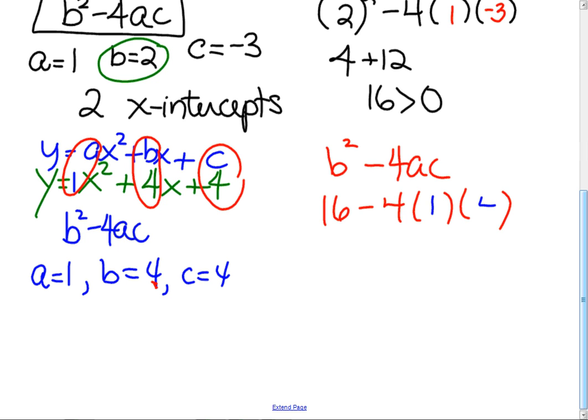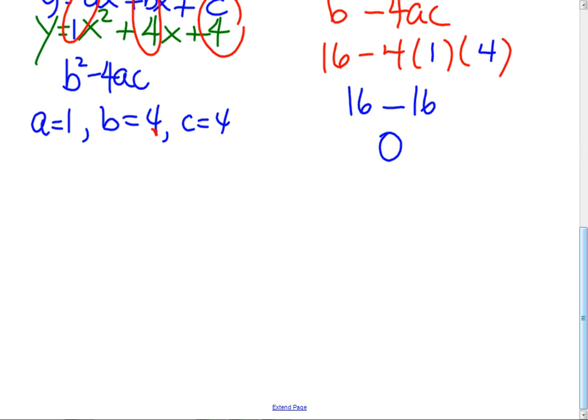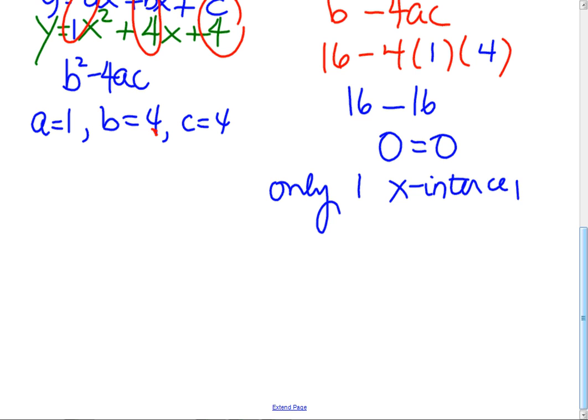C is 4? I get 16 minus 16, which is 0. So that means there's only one solution. 0 equals 0. Yep. Excellent, Joe. So there's only one x-intercept.